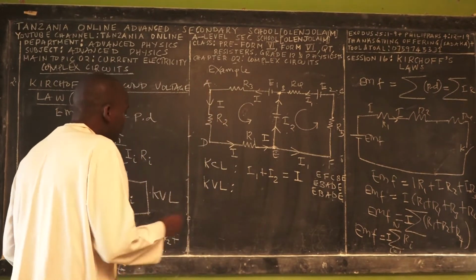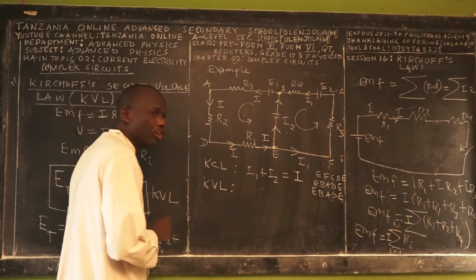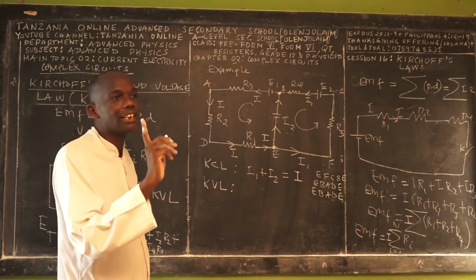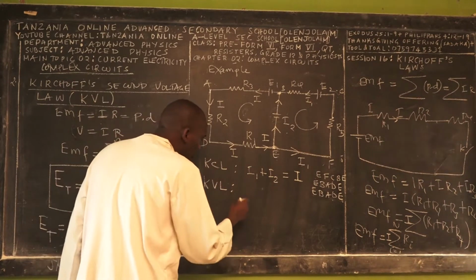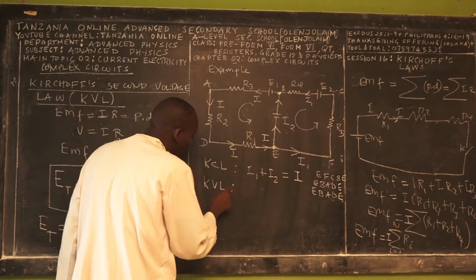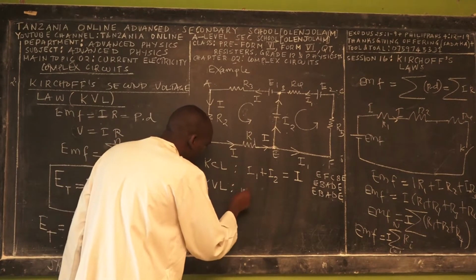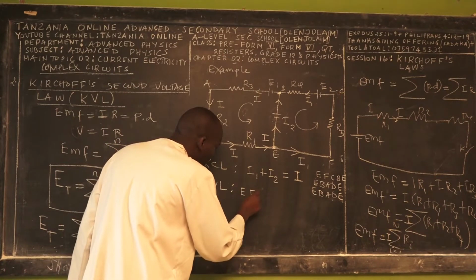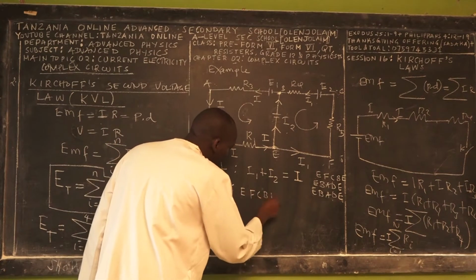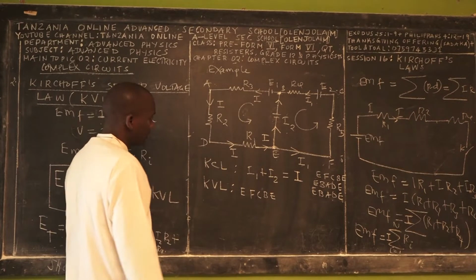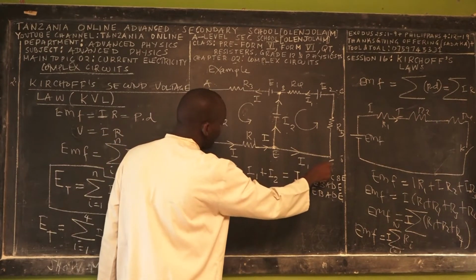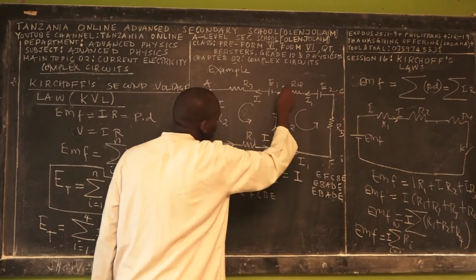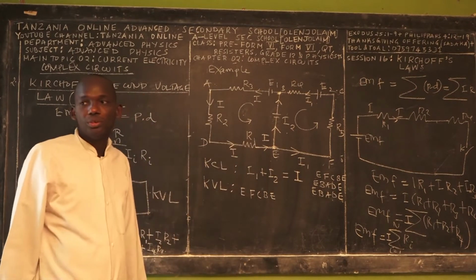Okay. So for Kirchhoff's voltage law, you have to choose a closed circuit. For example, if you want to write the equation for Kirchhoff's voltage law for the loop E, F, C, B, E. Have you seen that loop?